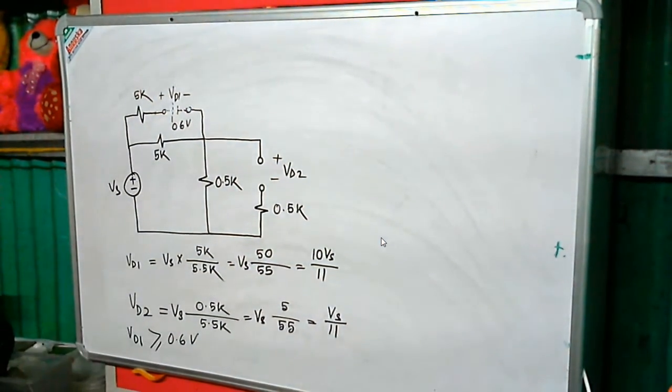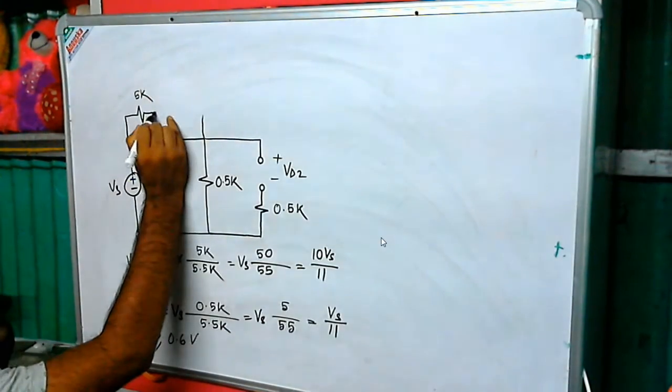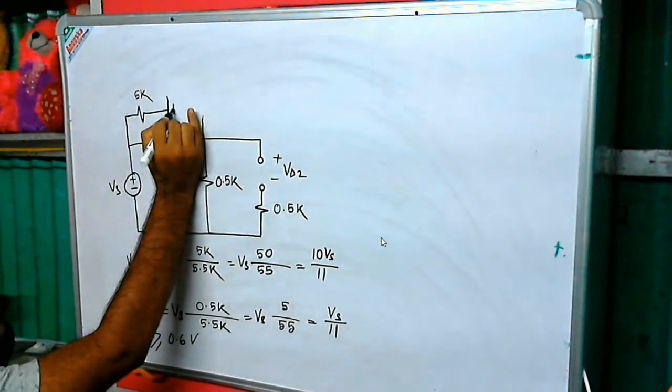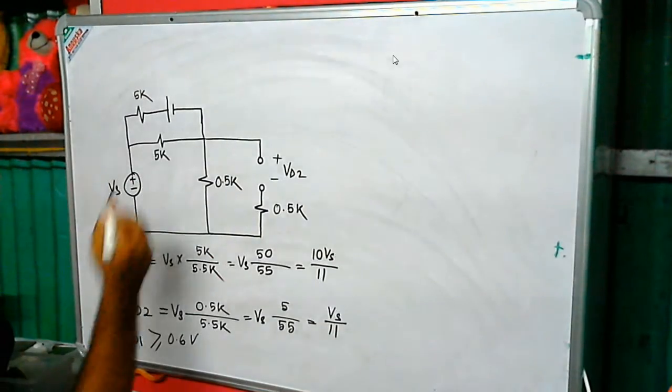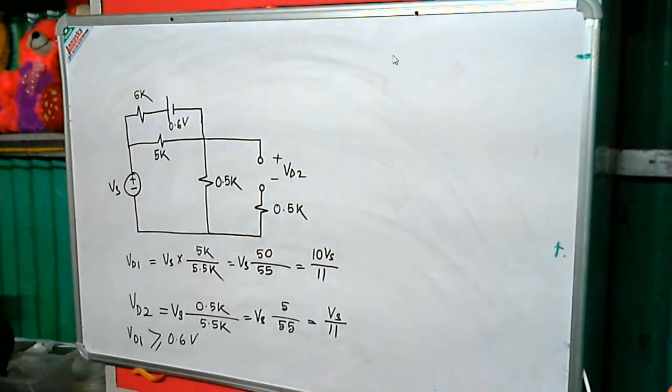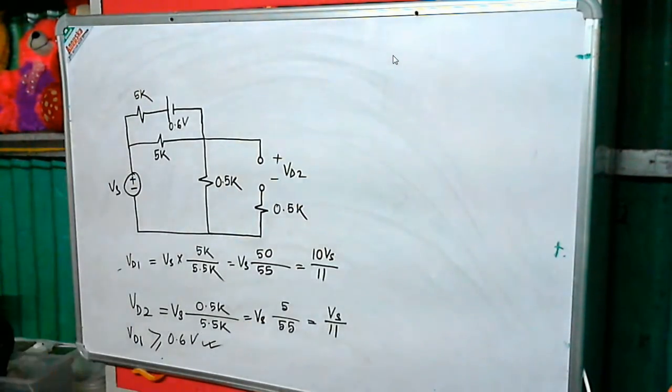Your overall circuit will be a 5k resistor and another voltage source of 0.6 volt. So this is the circuit for VD1 greater than 0.6 volt. From this condition you can find the value of Vs for which diode D1 is on, but we have to find the value of voltage Vs for which both the diodes are on.